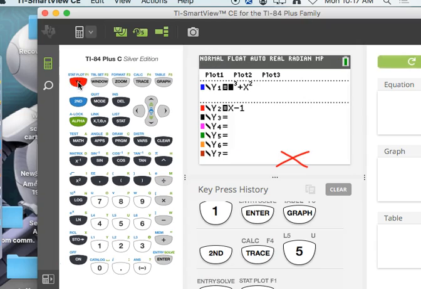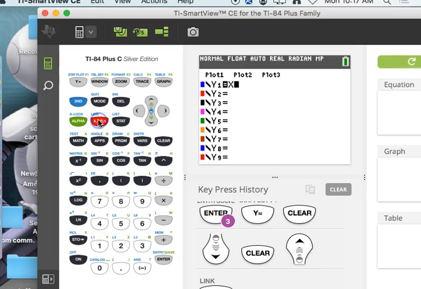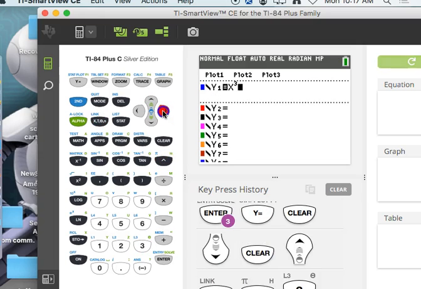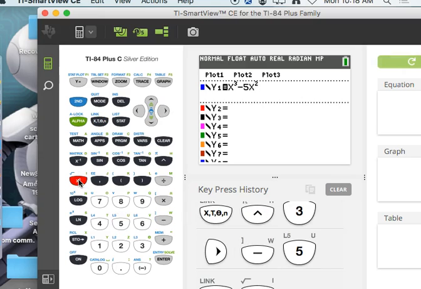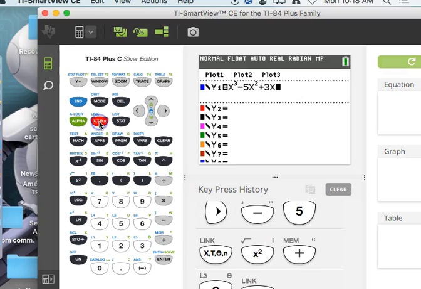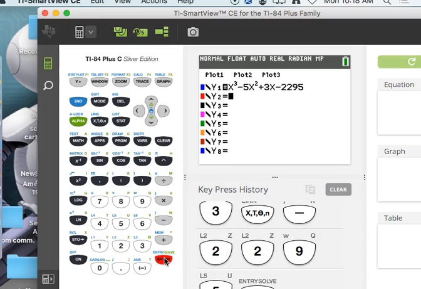All right, so y equals, clear this stuff out, and let's get in that big long polynomial function we had there. x cubed minus 5x squared plus 3x, not minus 3x, plus 3x minus 2,295. x cubed minus 5x squared plus 3x minus 2,295.